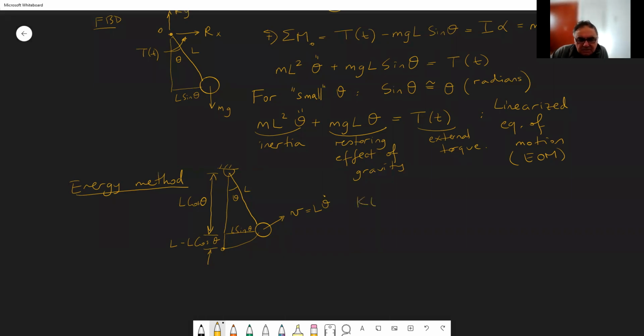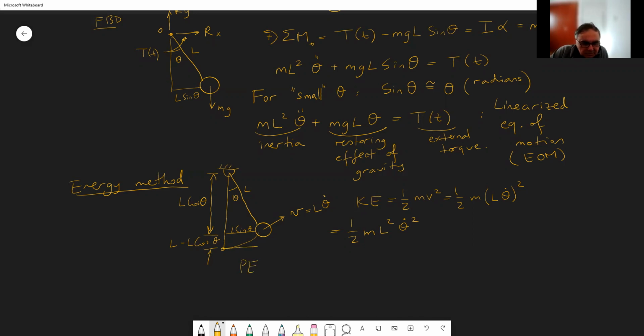The kinetic energy is 1/2 m v squared, which is L theta dot squared. That is equal to 1/2 m L squared theta dot squared.